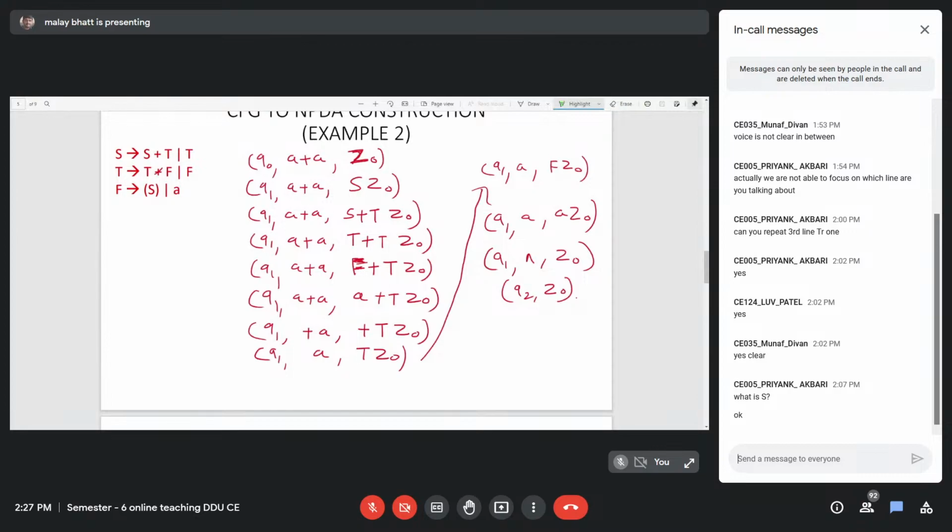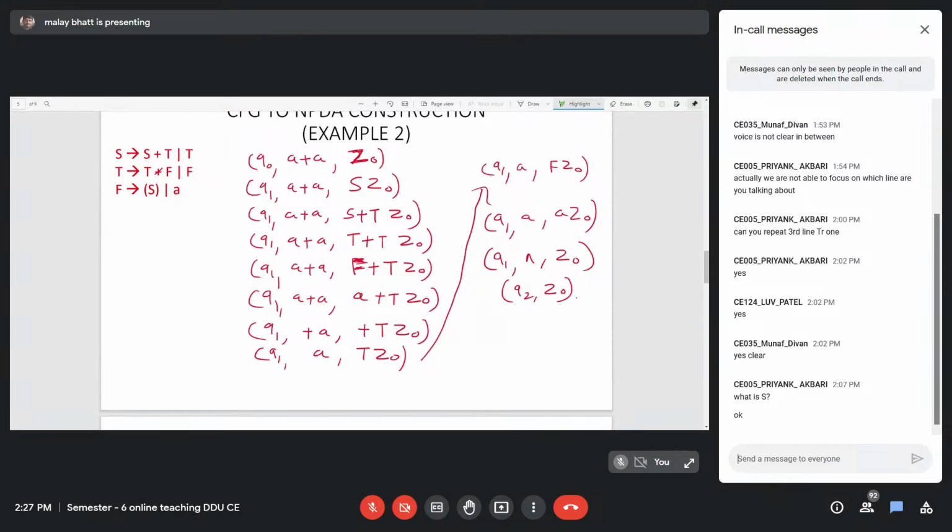Now from S, we'll apply the rule. It is a non-deterministic PDA, so we have two alternatives. Ideally you have to apply both, the left and right branch, but here I am showing the left branch, the correct branch.